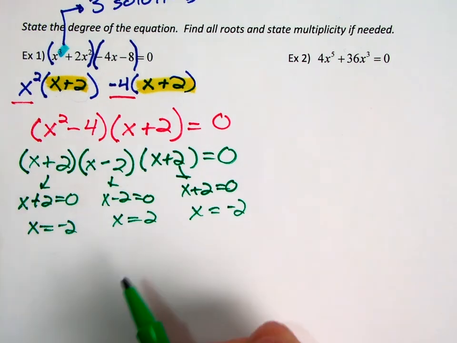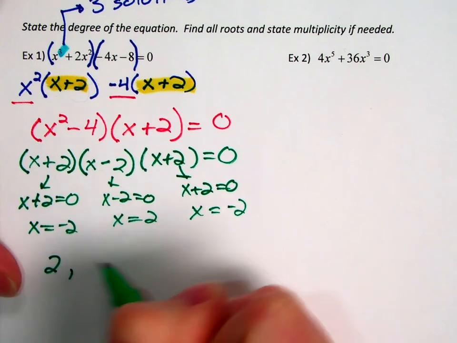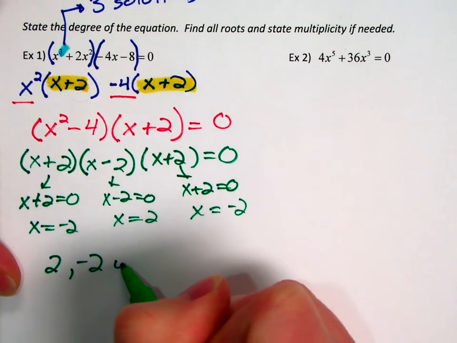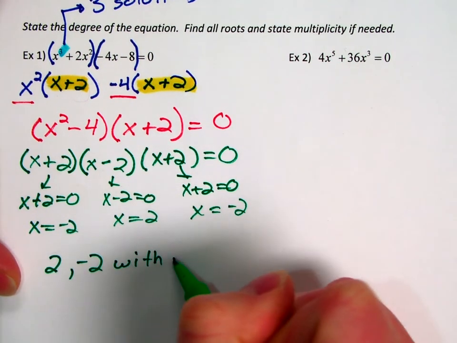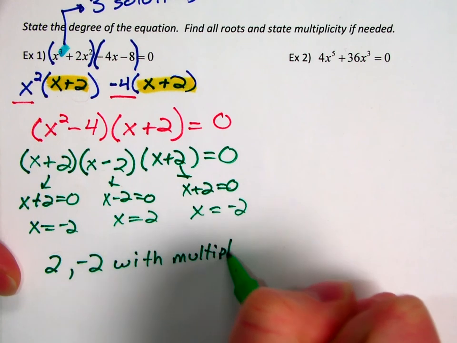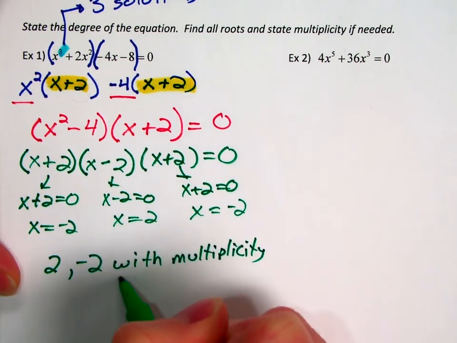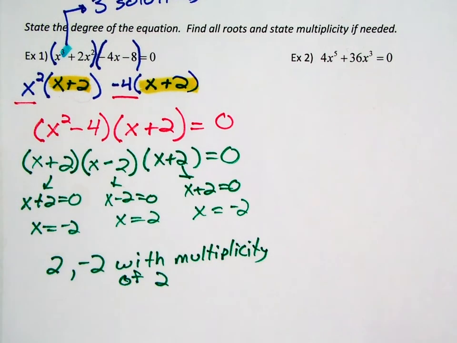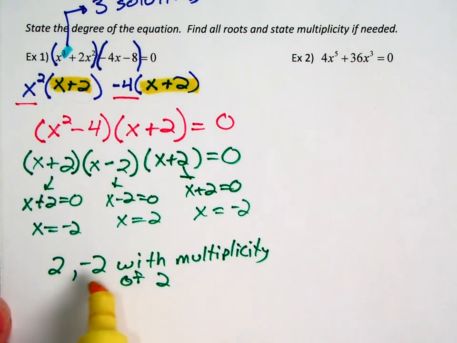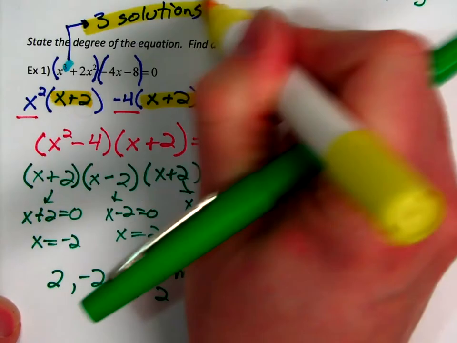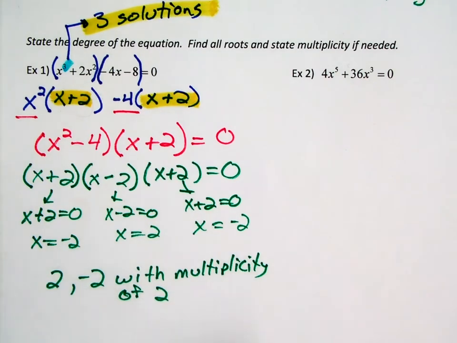I would say my solutions are 2 and negative 2 with a multiplicity of 2. And the reason why we need to confirm that is so we have one solution of 2, and then we have 2 solutions of negative 2, which matches the 3 solutions that we were supposed to have in total.